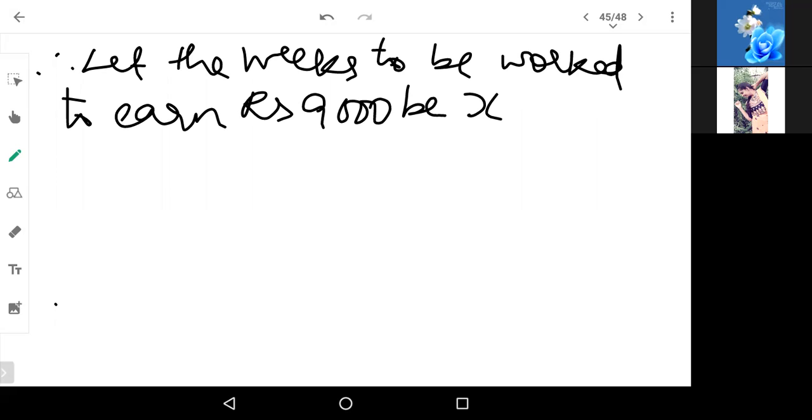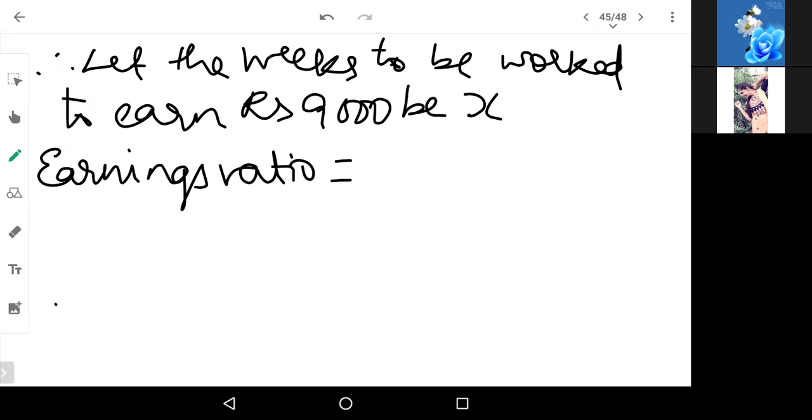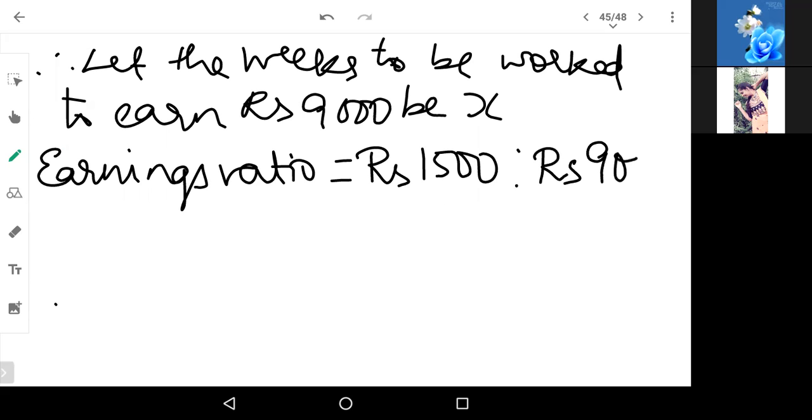For 1 week, it is 1,500. So for how many weeks is it 9,000? So we will get an earnings ratio here. For 1 week, it is 1,500. For X weeks, it is 9,000.